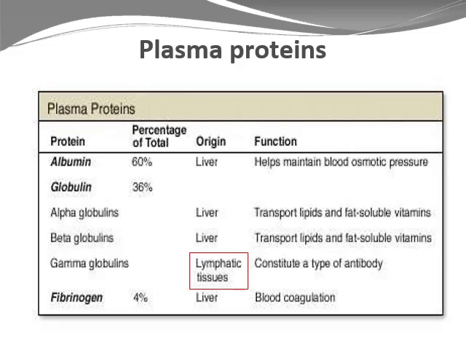Except for gamma globulins, which are immunoglobulins, the rest are made in the liver. They mainly help with transportation, whereas the immunoglobulin gamma is made in the lymphatic tissue and plays a role as an antibody. The other major protein is fibrinogen, which makes up 4% of the total plasma protein, again synthesized in the liver, and plays a role in blood coagulation.